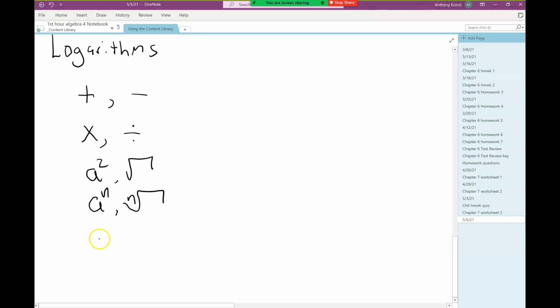And what we're going to talk about today is the exponential and its inverse, which we're going to call this logarithm.